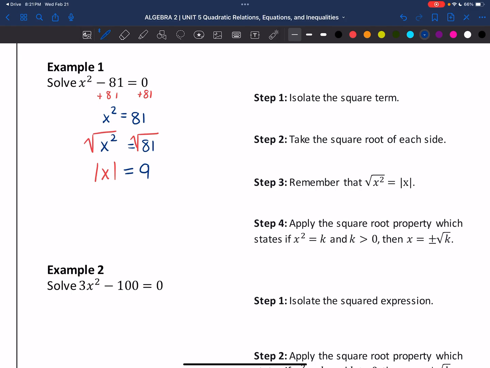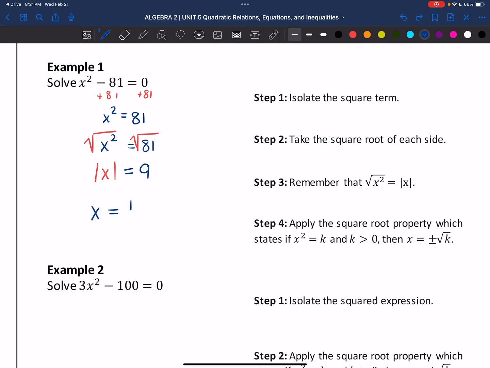Think about it this way with me. What values make this true? What are the values that when we take the absolute value of x give us 9? Well, there's actually 2. It is both positive 9 and negative 9. Both those values make it true.